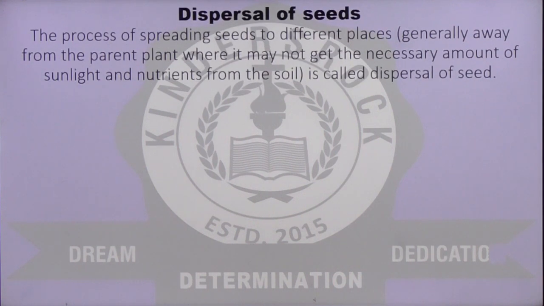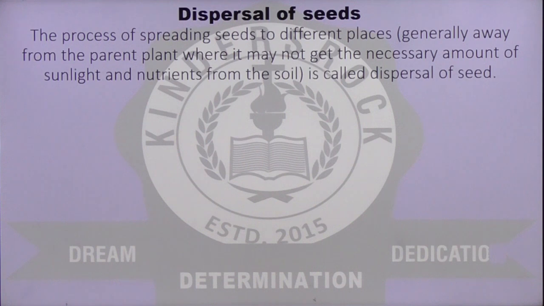Dispersal of seed. The process of spreading seeds to different places, generally away from the parent plant, where it may not get the necessary amount of sunlight and nutrients from the soil, is called dispersal of seed.